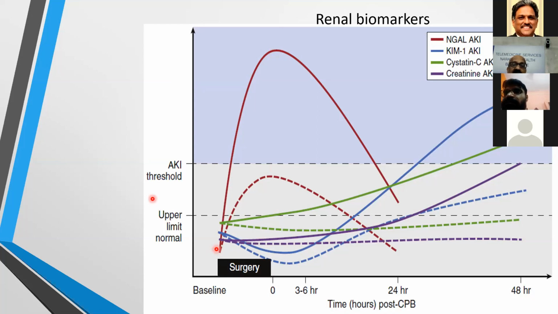Similarly, if you look at the KIM, that is kidney injury molecule, it took about 24 hours to rise. If you look at the creatinine, it took longer than 24 hours.